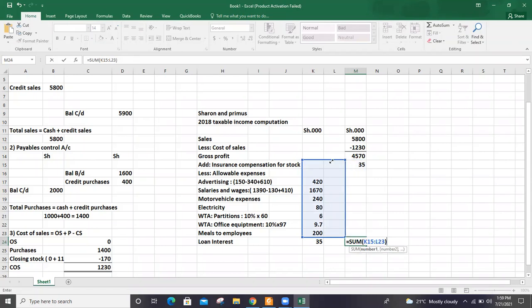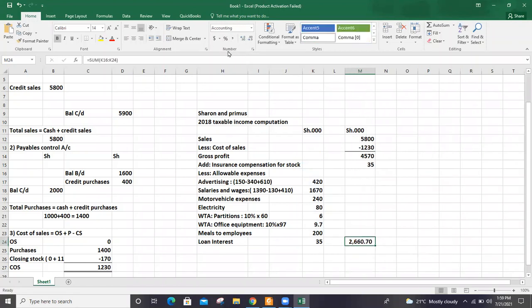$2660.7 for the expenses. So 9660.7, that's okay. So 9660.7, so that's the taxable business income. 1945.3.